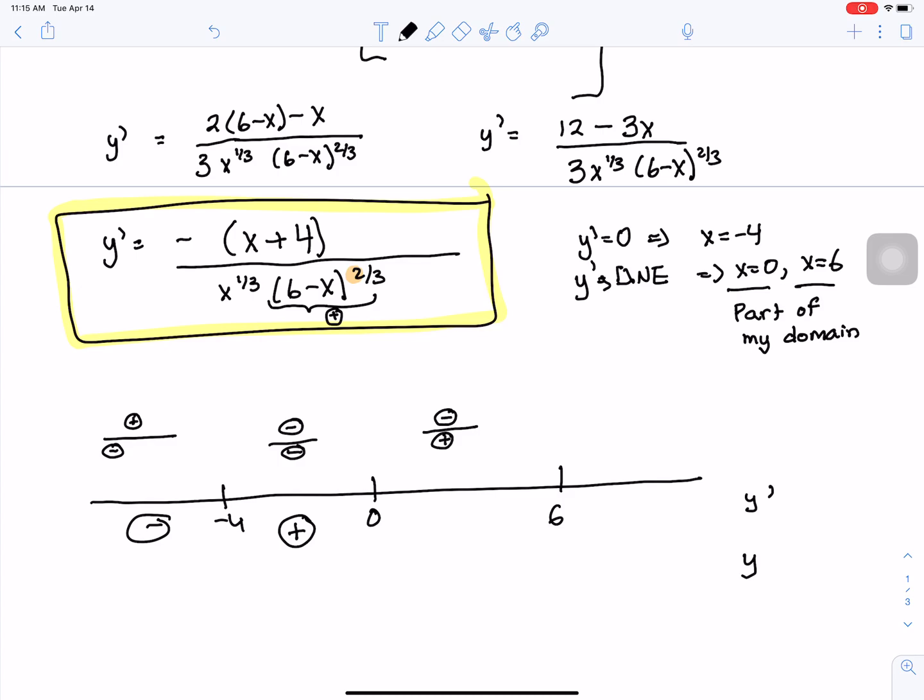So this will be a negative value. And when I try 7, 7 plus 4 is 11. The numerator will be negative, denominator will be positive. So this will overall be a negative result. Okay, so this tells me my function is decreasing, increasing, decreasing, decreasing.